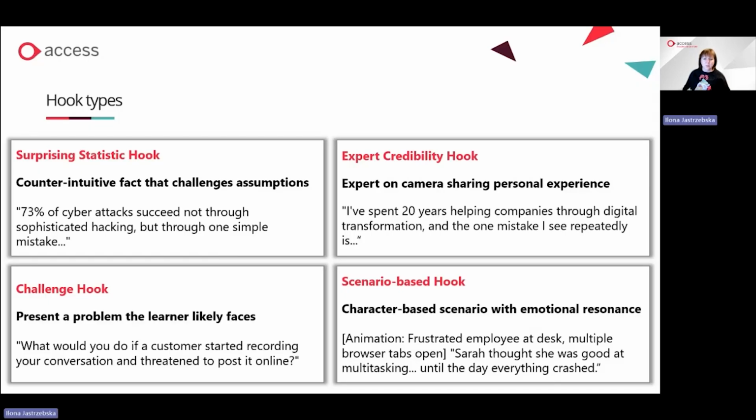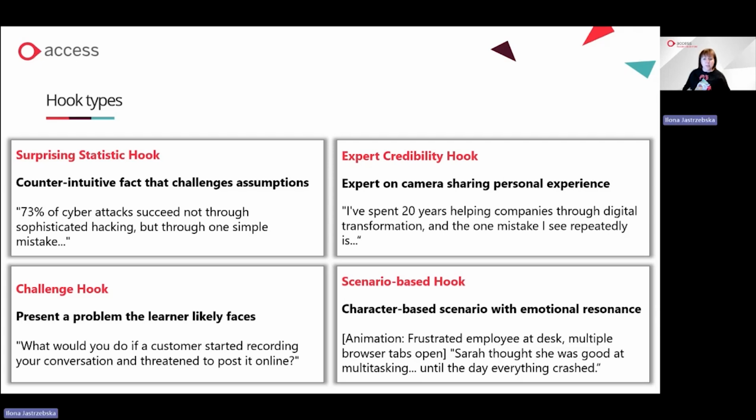There's lots of ways to hook learners, but here are 4 practical types you can use right away. The first one is statistic-based, when you share a surprising fact or statistic that challenges common assumptions. The next one is expert credibility, which works by bringing in a trusted voice who will share a personal insight.